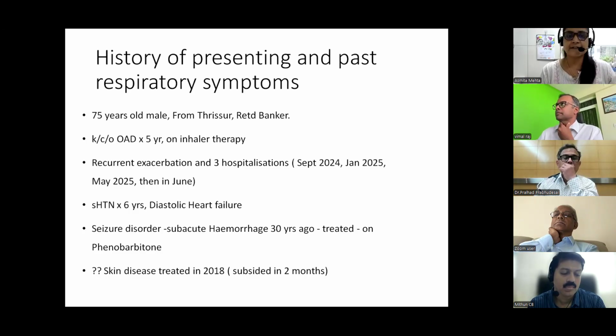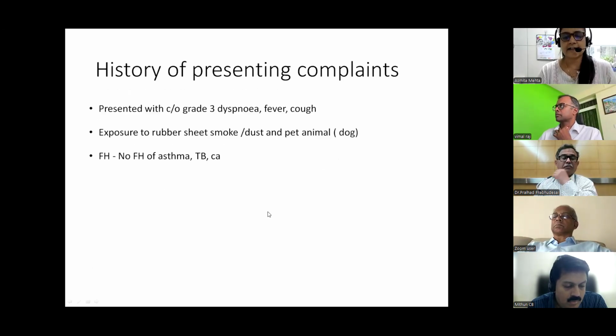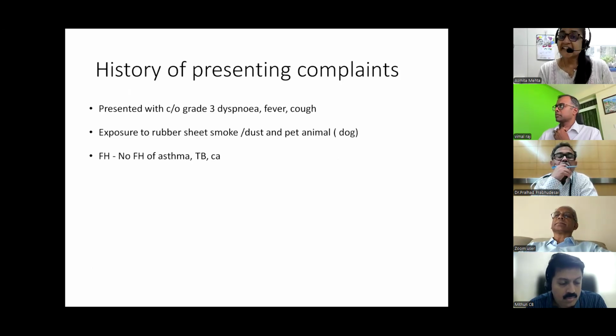He has systemic hypertension and diastolic heart failure, seizure disorder, subacute hemorrhage 30 years before, and is on phenobarbital. A skin disease was treated in 2018, not very significantly known, but most probably not related to CTD, as far as I can think. He presented with grade 3 dyspnea, fever and cough, which was taken care of as an exacerbation.